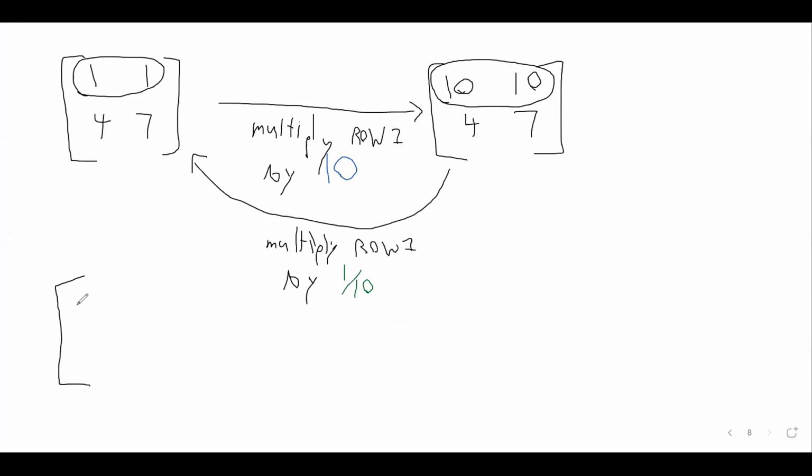So for instance, if you have a 3 by 3 matrix, 1, 2, 3, 4, 5, 6, 0, 0, 0. And let's say we perform the elementary row operation, interchange rows 1 and 2.